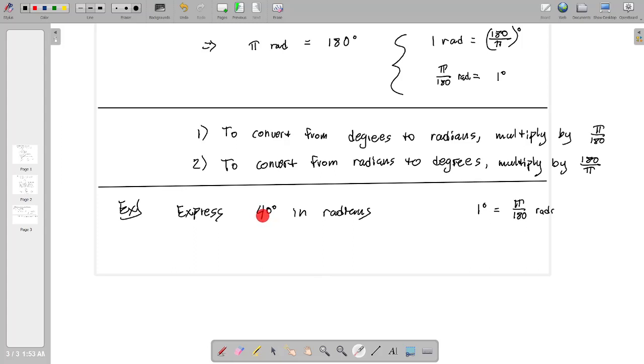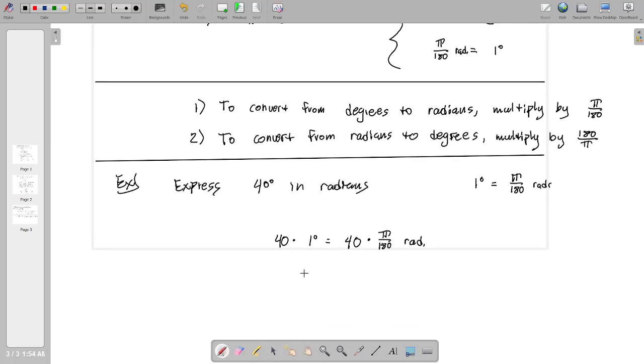That's how many degrees I have. This is 1 degree, so I need to multiply this side by 40. If I do that, I get 40 times 1 degree is going to equal 40 times pi divided by 180 radians. Which then means I have 40 degrees is equal to, if we cancel here, we get 2 over 9 times pi radians.